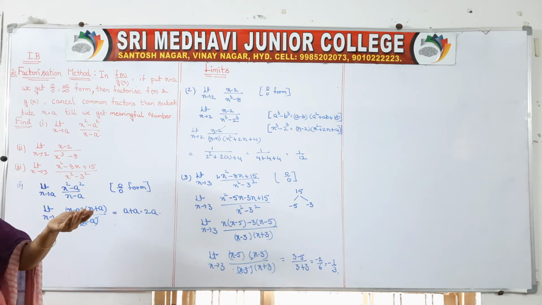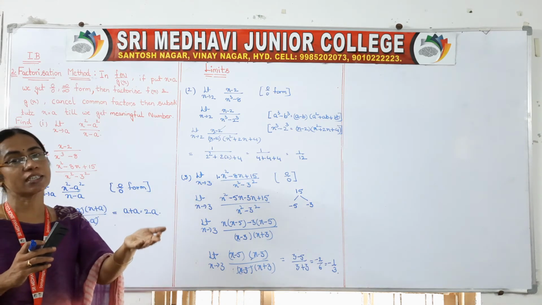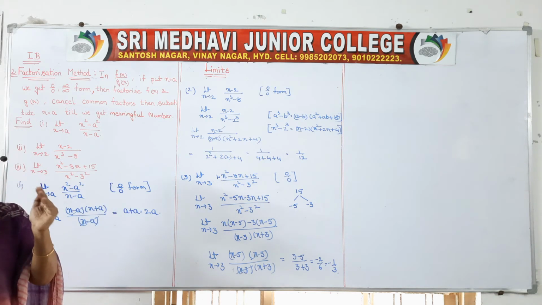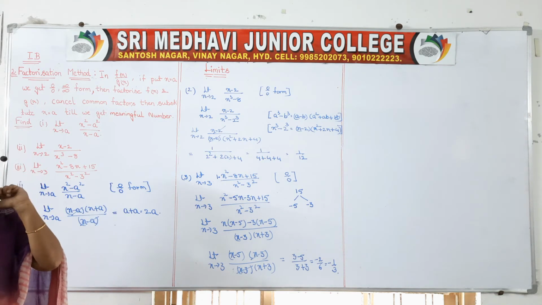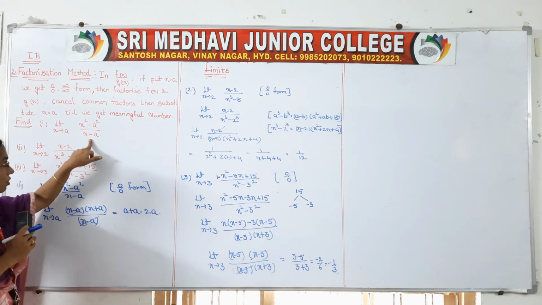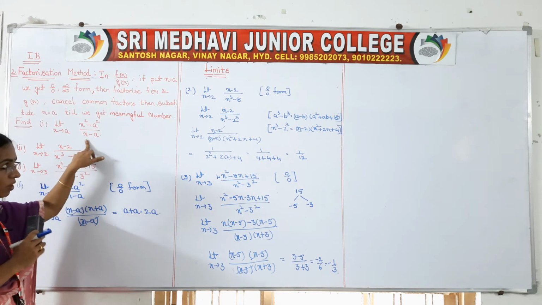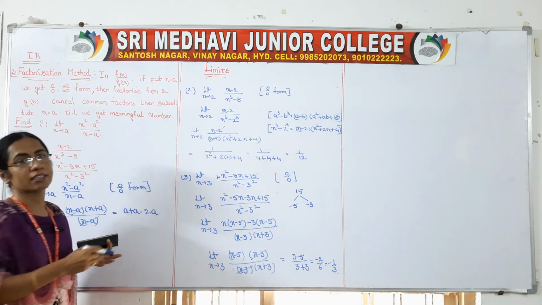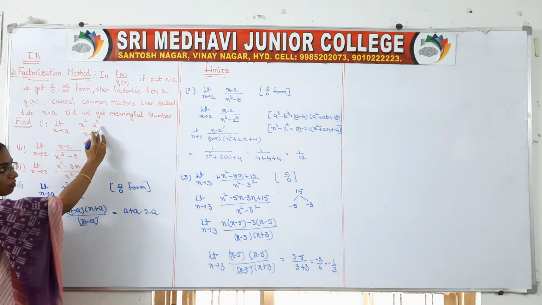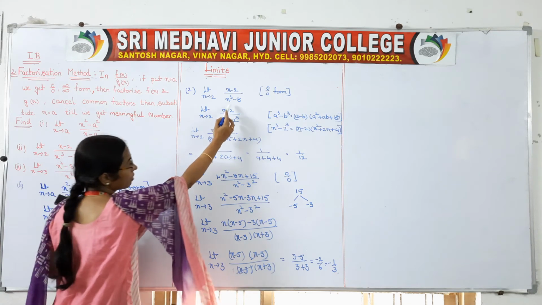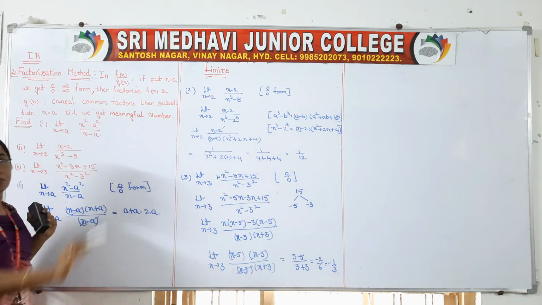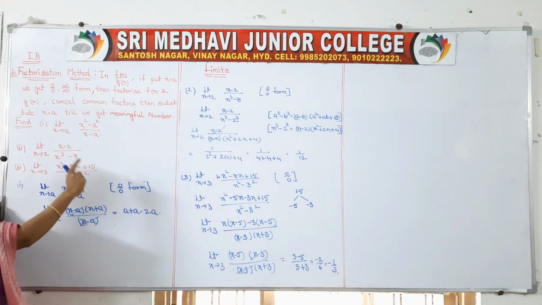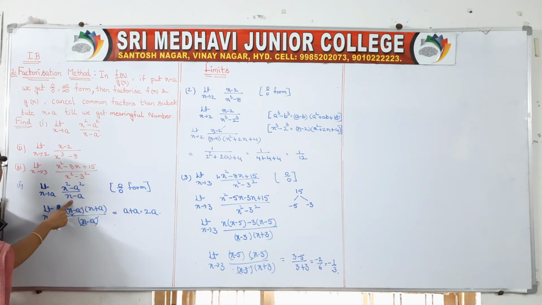If the possibility is only there for f of x, just factorize it and cancel any common term in f of x and g of x. Sometimes if g of x is in simple form, or f of x is in simple form, there is no need to factorize, we can factorize only f of x or only g of x. So when it is 0 by 0 form, just factorize it.